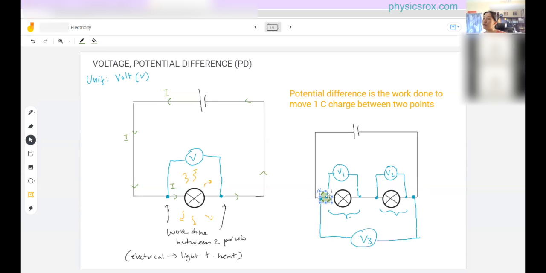It goes through, does some work at V1, does some work at V2. Can you see that V3 is actually V1 plus V2? So V1 is not the same as V2, but V3 is including V1 and V2. That's why it adds together.